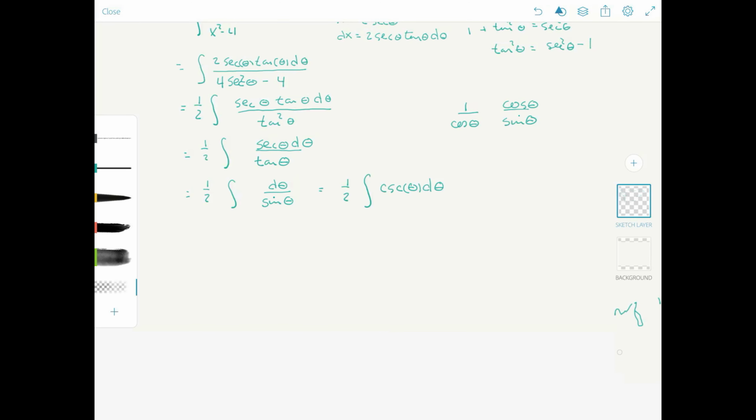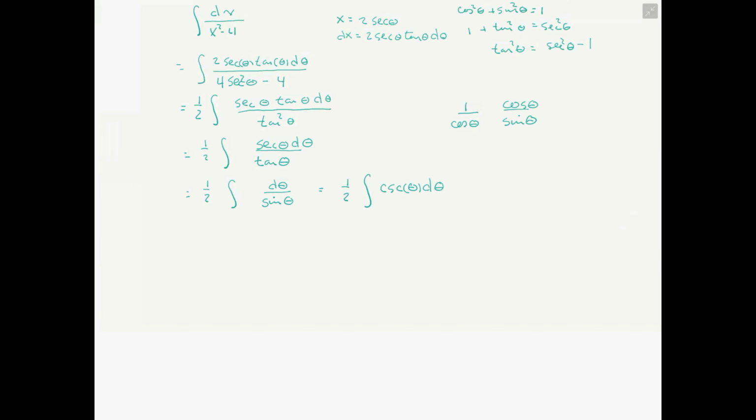And now we got a little bit of work here to do. You see, sometimes while a method works, it isn't necessarily the easiest way to go. Now we're going to have to think about this.